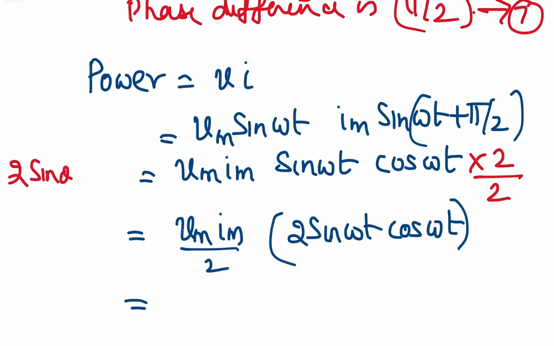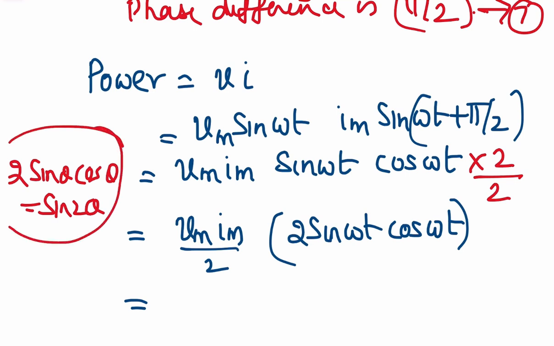Using that formula, Vm Im divided by 2, this will become sine 2 omega t. This is the power.